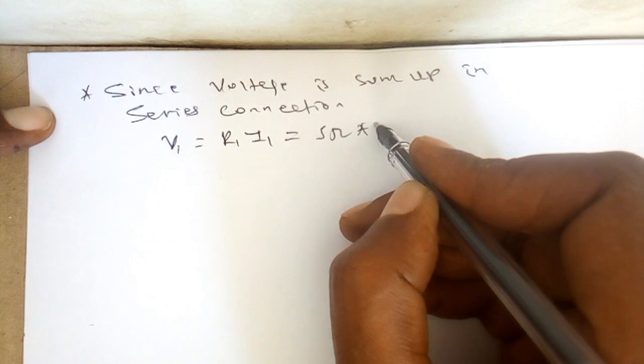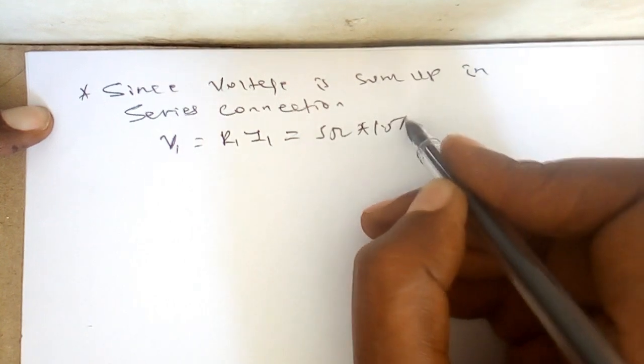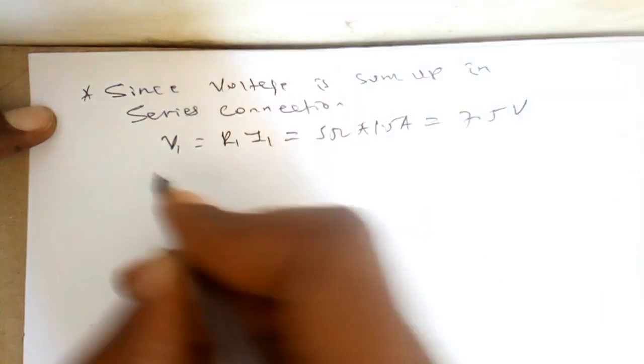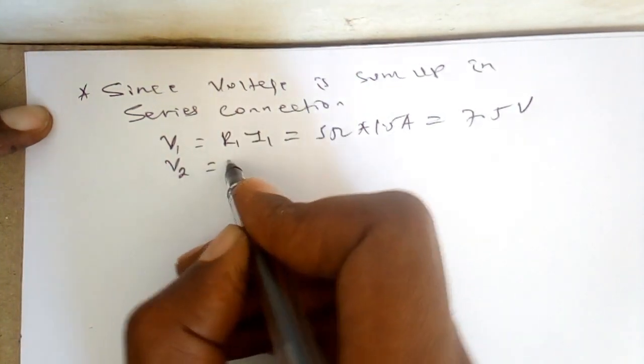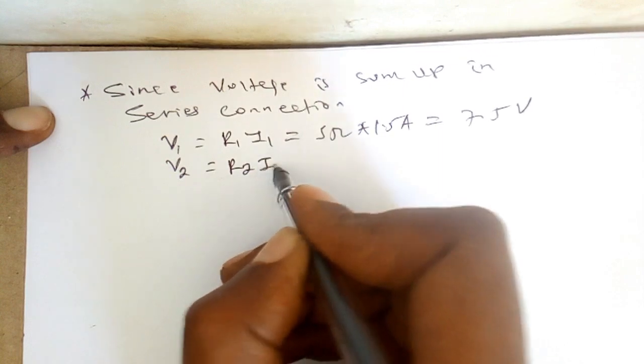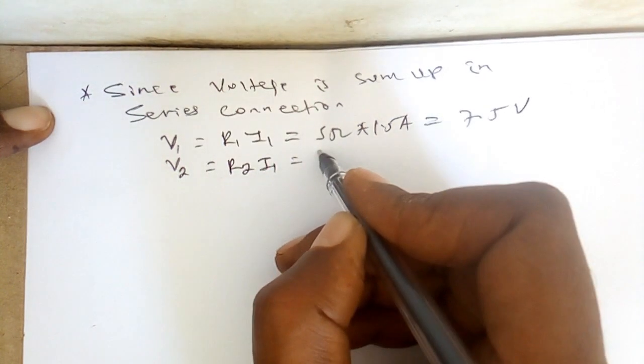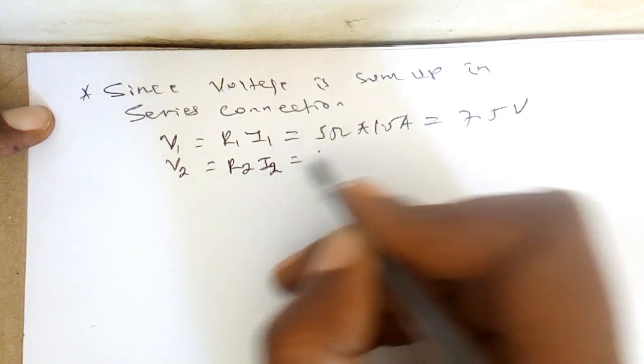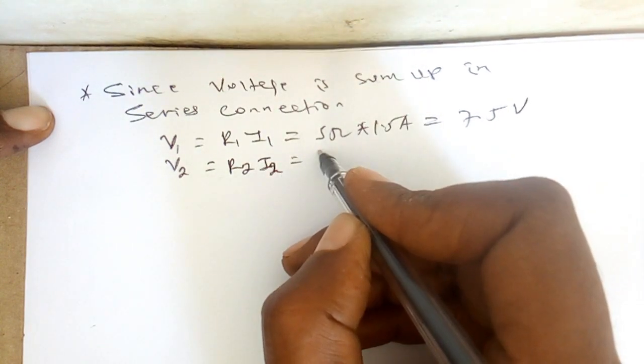Since R1 is 5 ohm and I1 is 1.5 ampere, the voltage V1 is 7.5 volt. And the voltage V2 is R2 times I2.